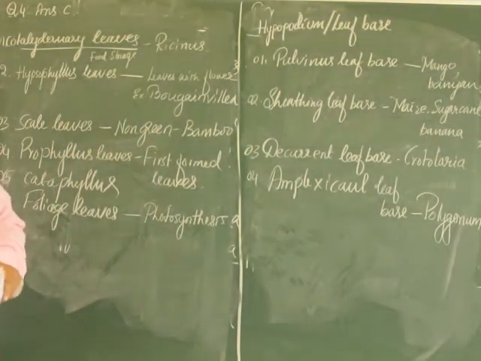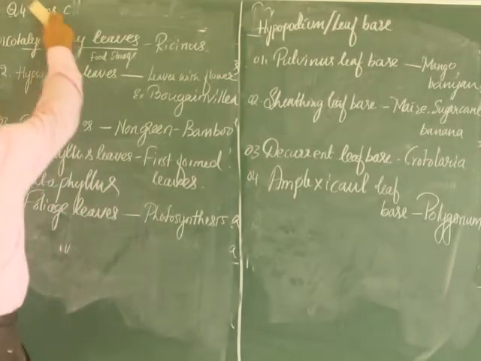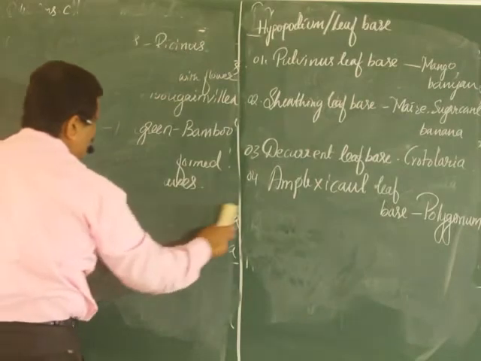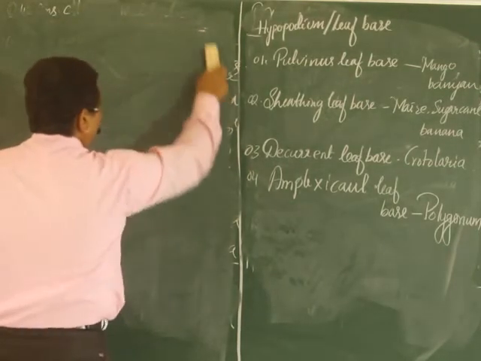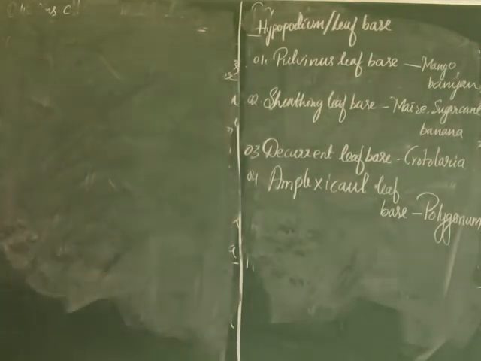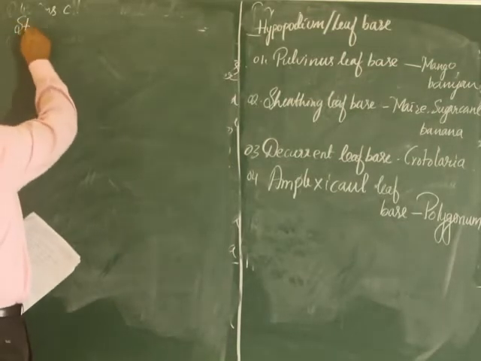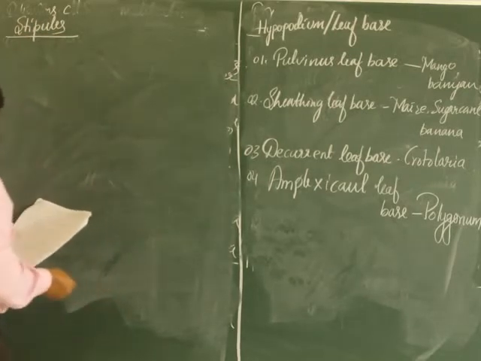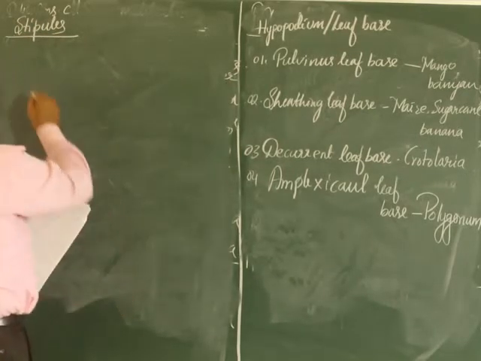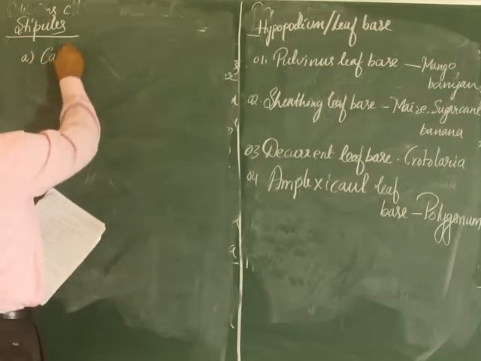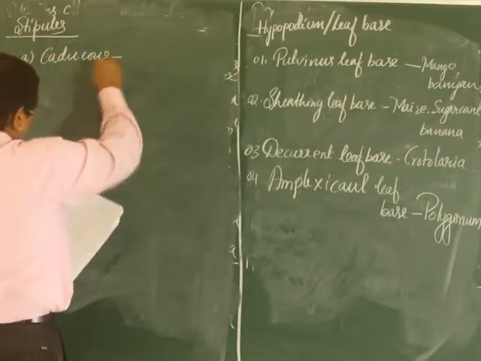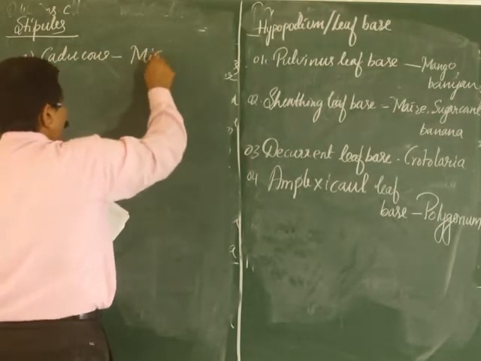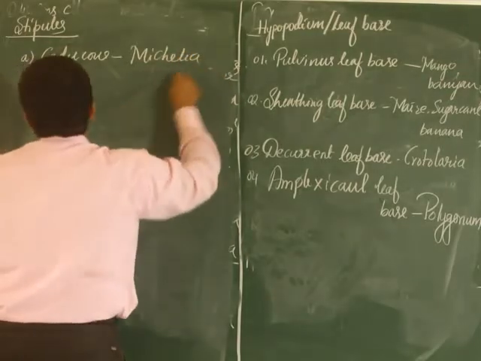And in stipules, there are three main types. First one is caducous, example is Michelia champaka.